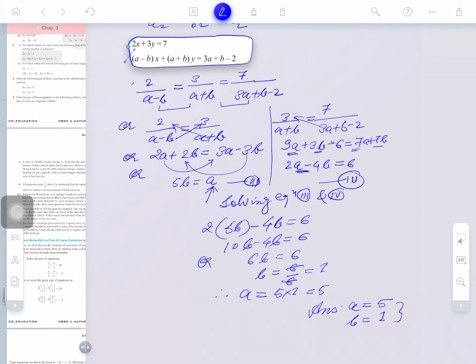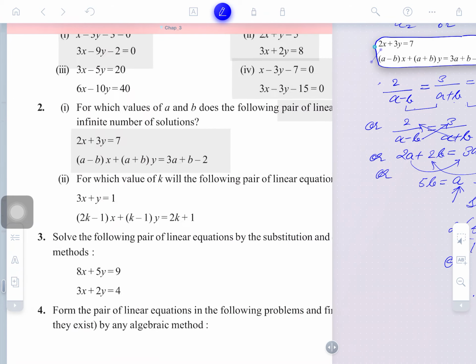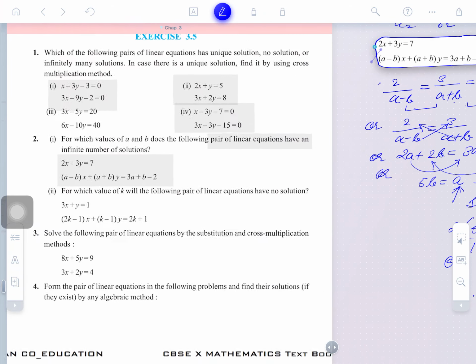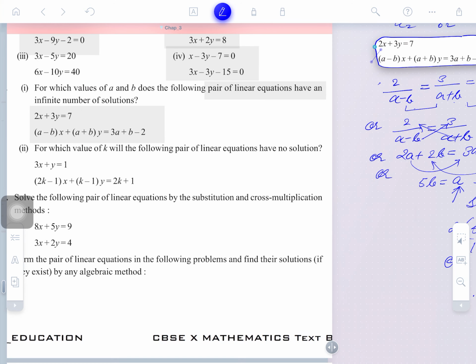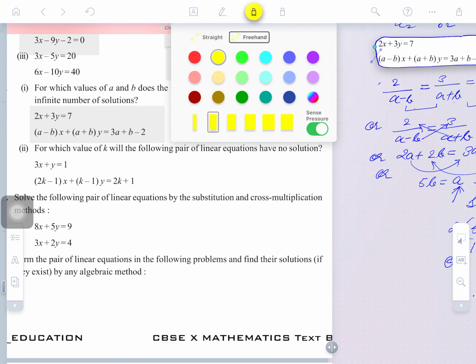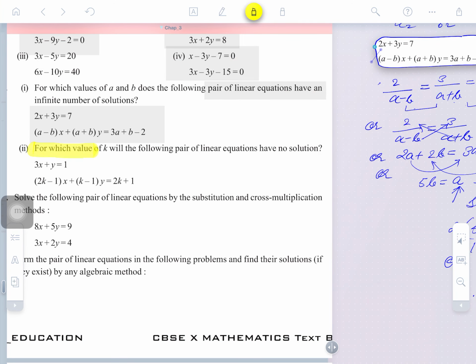The condition which we have applied here, this typical question generally comes in exams. I hope you can solve this question. Can you solve this or not? But what is the condition given? The condition is here, you may see: for what value of k the following pair of equations has no solution. No solution. The condition for no solution, tell please what? A1 by A2 not equal to B1 by B2. This is the condition.